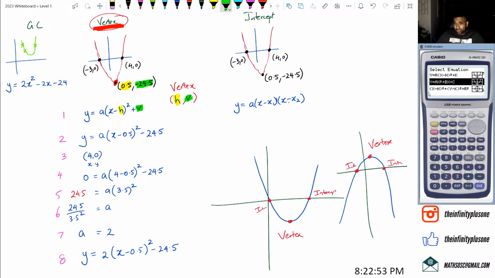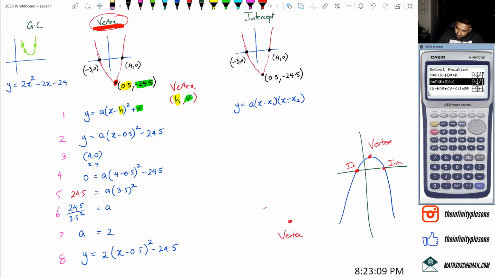Before we go to the intercept form, would you guys like to do a couple of questions like that with vertex form? Yes, Bella, it is. Okay, let's do that.